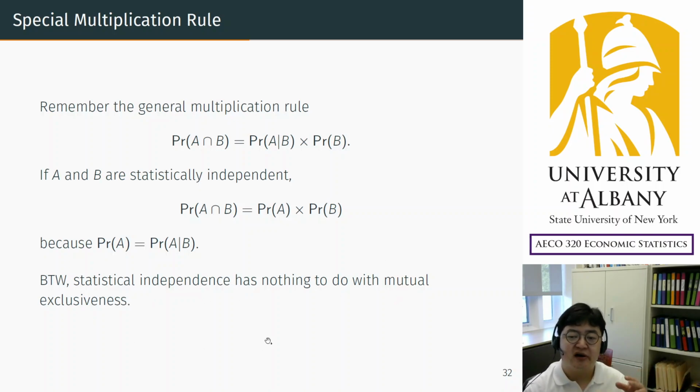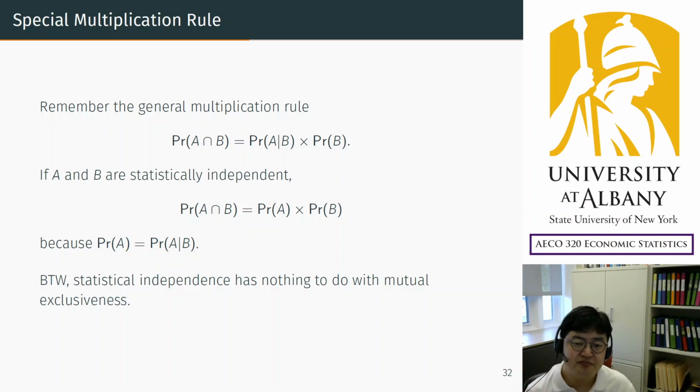If A and B are mutually exclusive, the probability of the union of A and B, A cup B, equals the probability of A plus the probability of B. Mutual exclusiveness was the condition then, and now we require independence. But mutual exclusiveness and statistical independence have nothing to do with each other. They are totally different things. Even if A and B are independent, they may not be mutually exclusive, and vice versa.